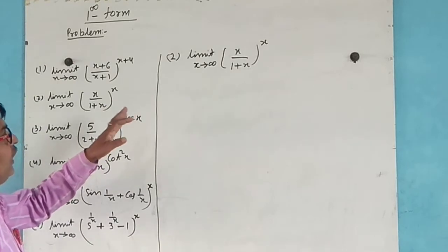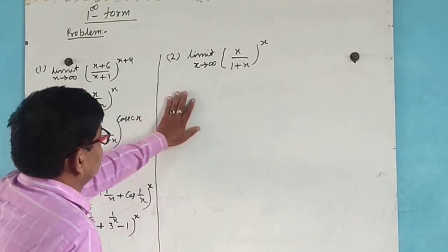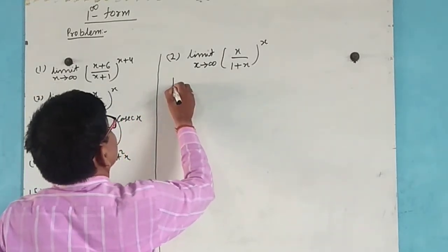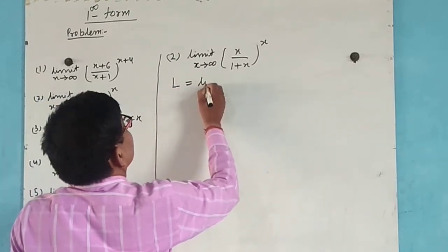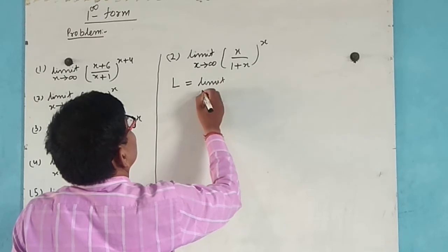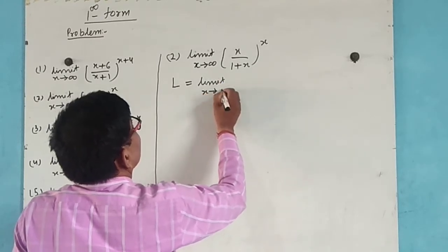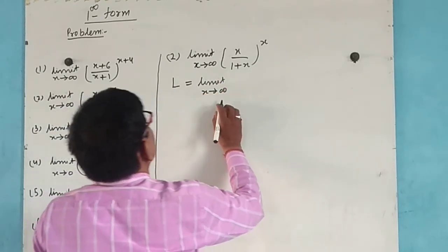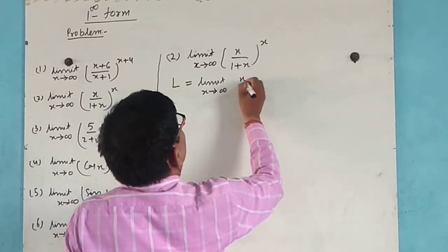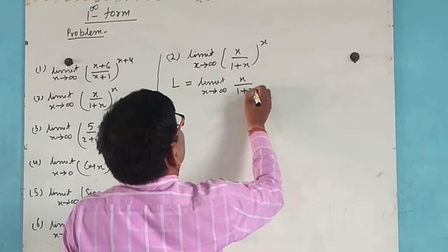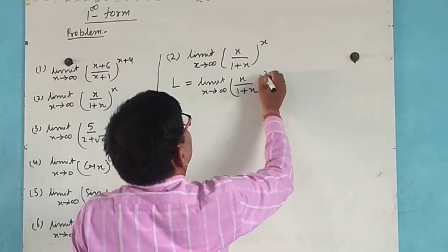Now it can also be written as L, total L, limit x tends to infinity, (x by 1 plus x) to the power x.